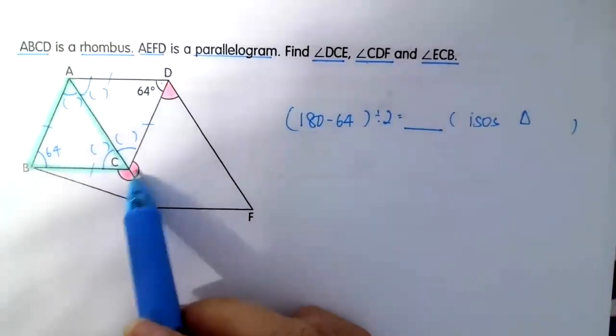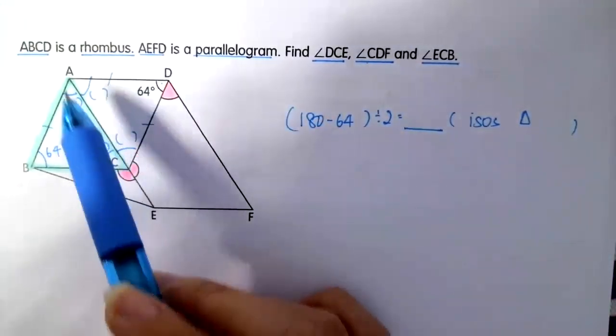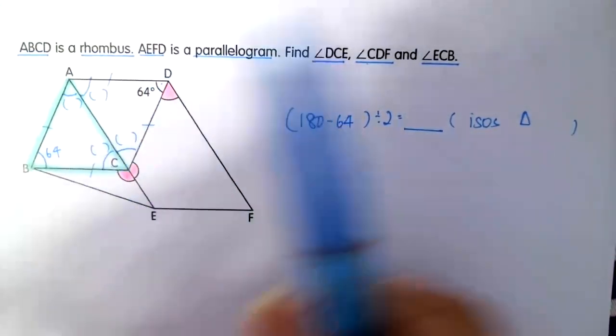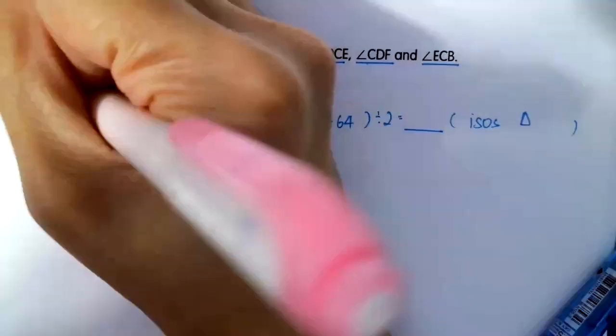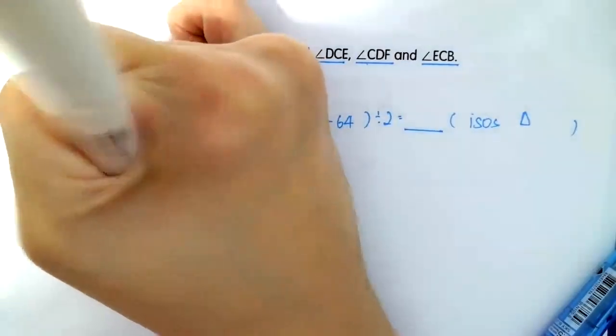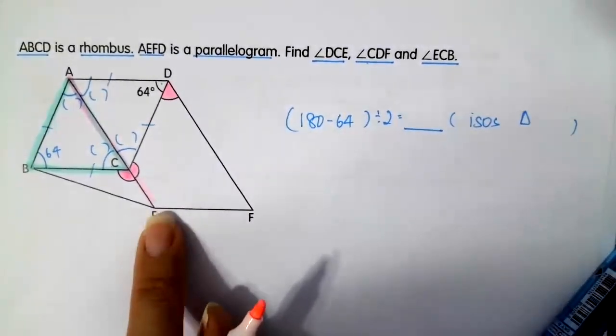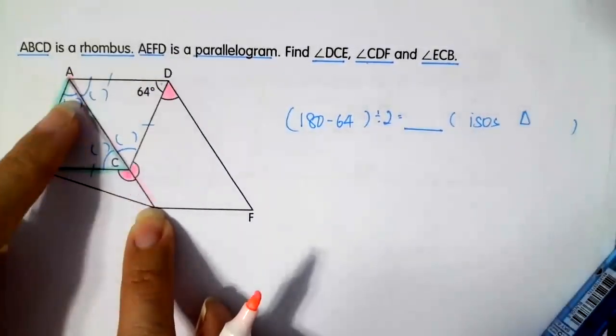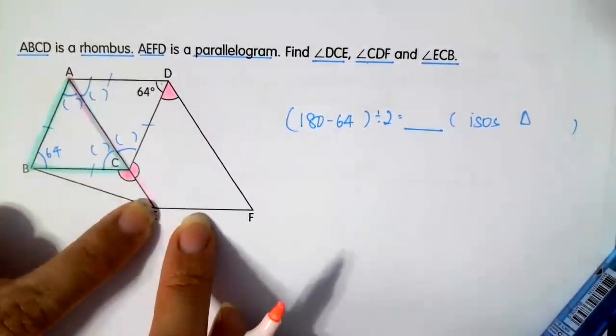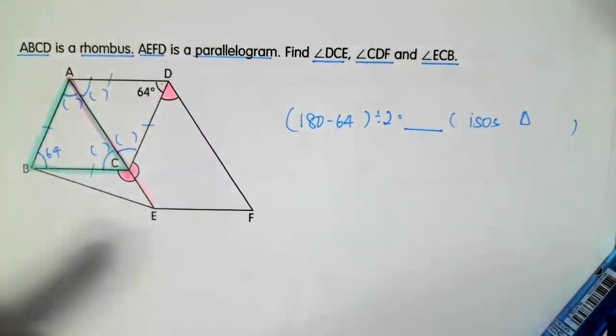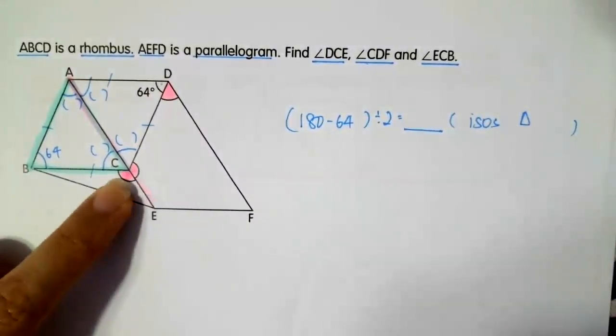Actually, I can find these 2 angles already. How? Now, see, if this is a parallelogram, we know for sure that this line AE is a straight line because this is a parallelogram. So this line must be a straight one. Okay? So actually I can use angles on a straight line to find angle BCE already. Okay, or ECB.